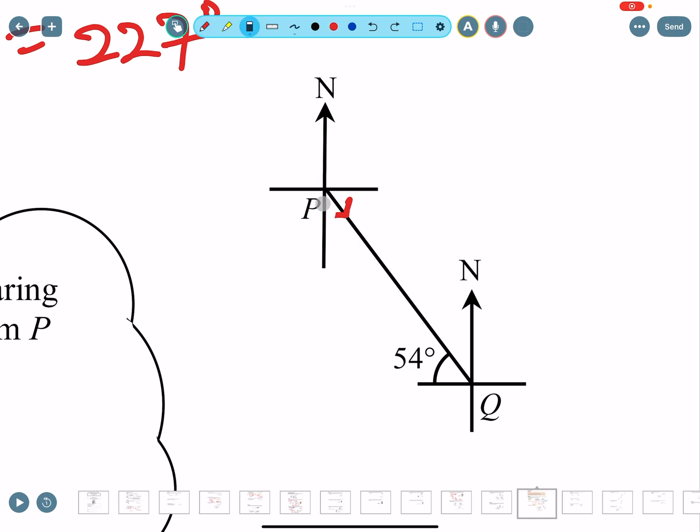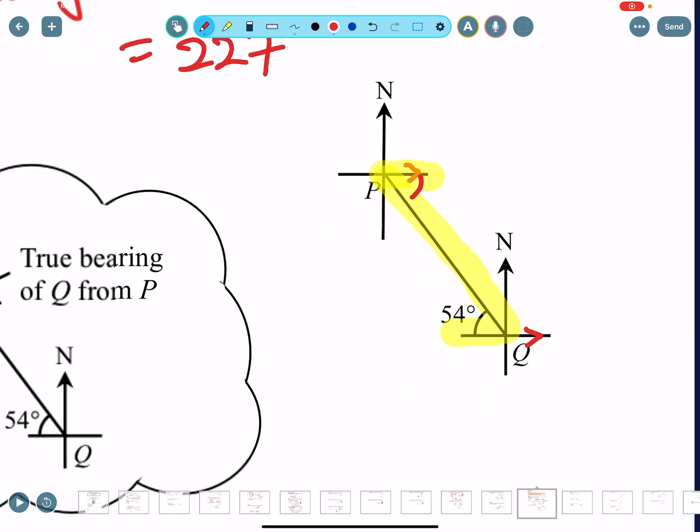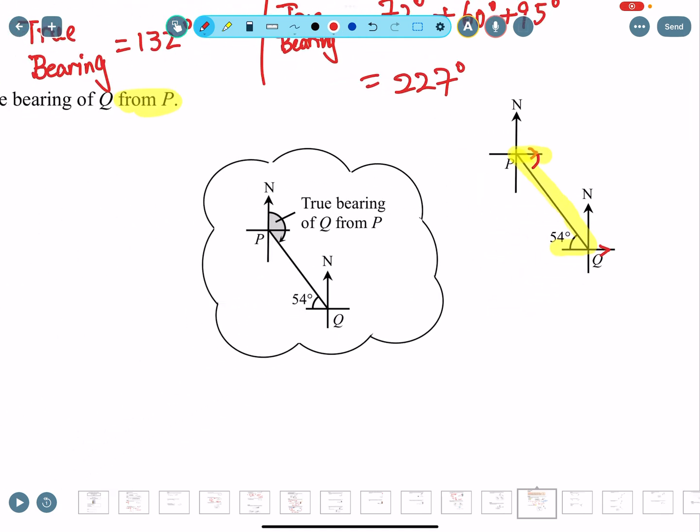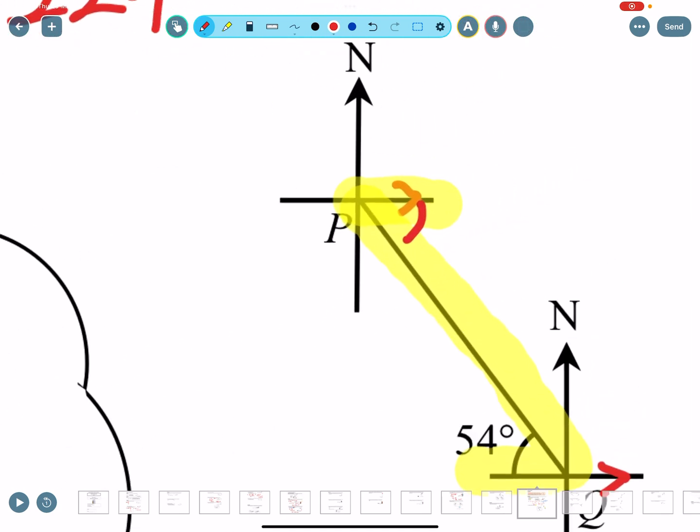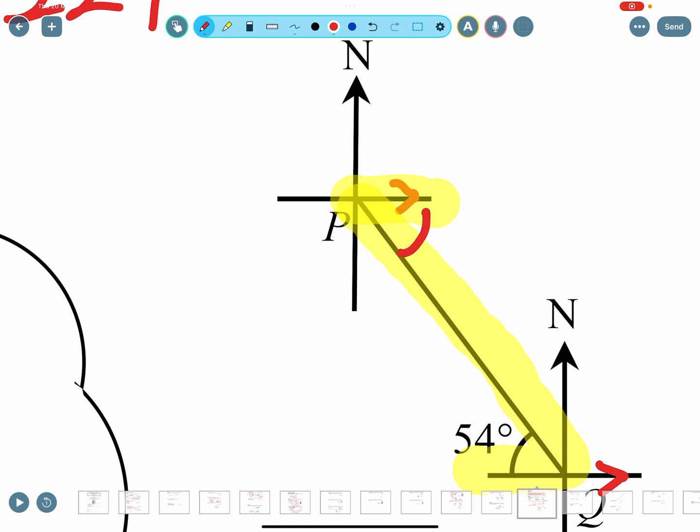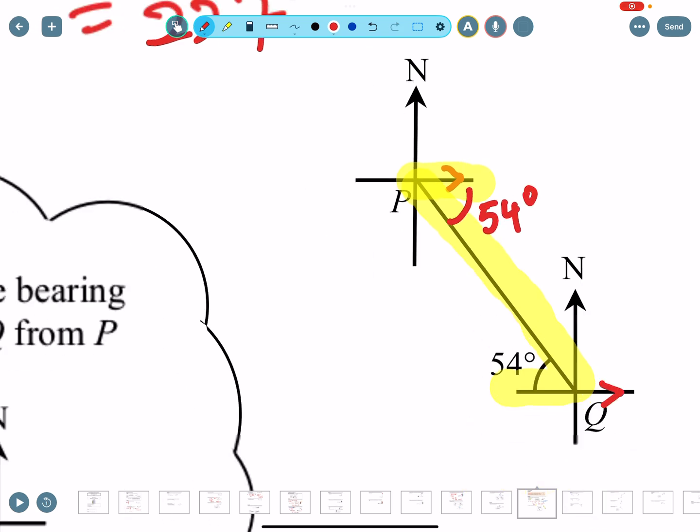Now, one thing about this is this is parallel to this one, and also this is parallel to that one. So if you're genius enough, this is a letter Z. We will use alternate angles. So this angle here is 54 degrees. Mark it down there.